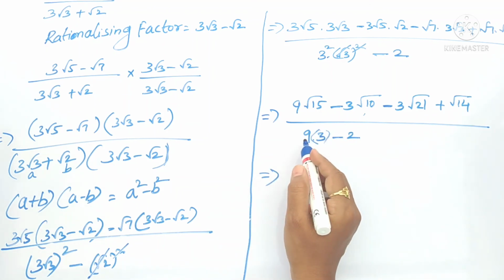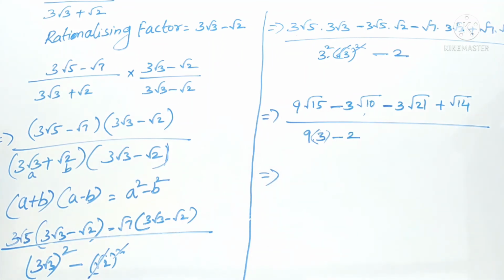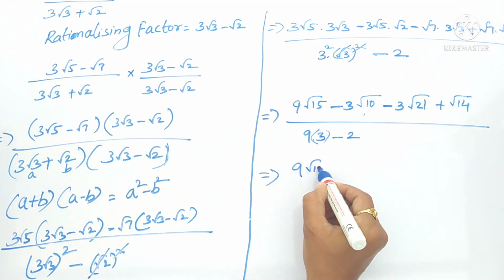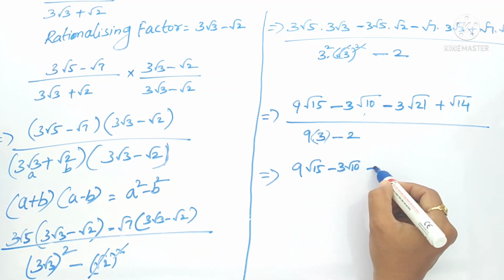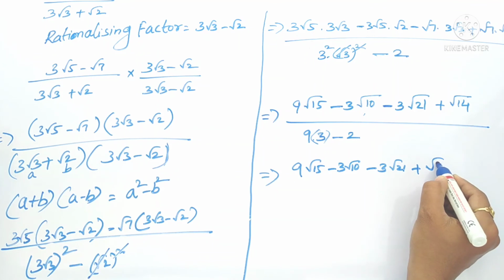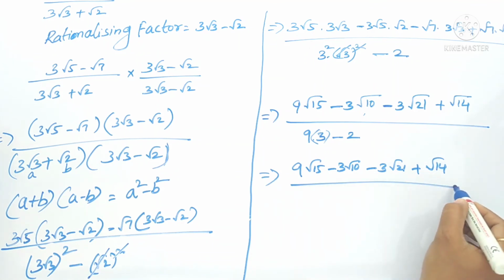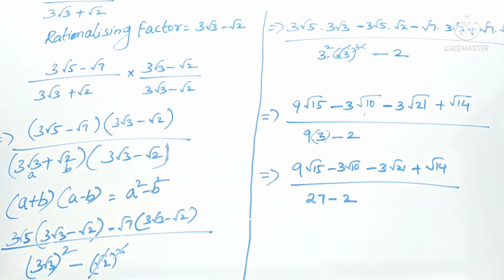Okay, so here no similar terms to add, right? No similar terms. So we'll write the same: 9 root 15 minus 3 root 10 minus 3 root 21 plus root 15 by 9 3s are 27 minus 2. 27 minus 2 is 25.